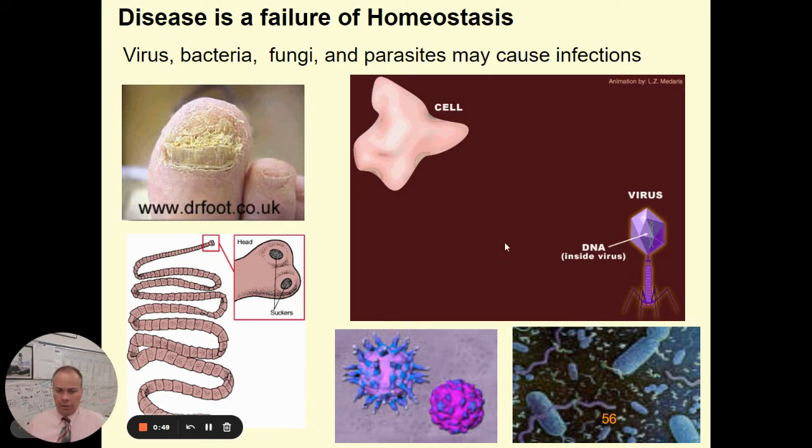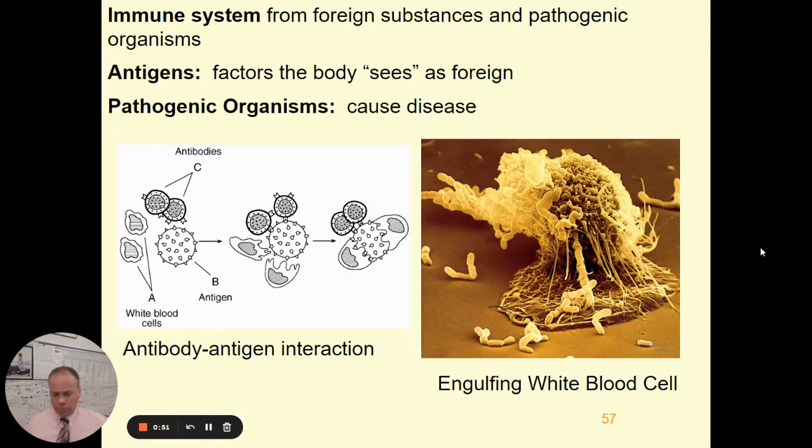fungus, or other parasites. And so as a response to a pathogen entering an organism, that's what the immune system kicks in. And the immune system provides for protection from these pathogens.